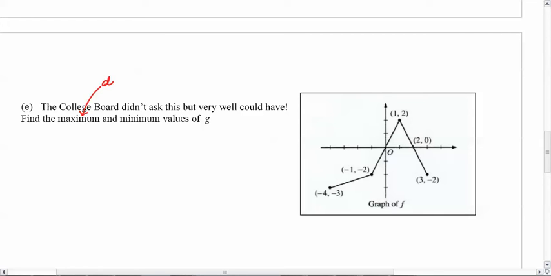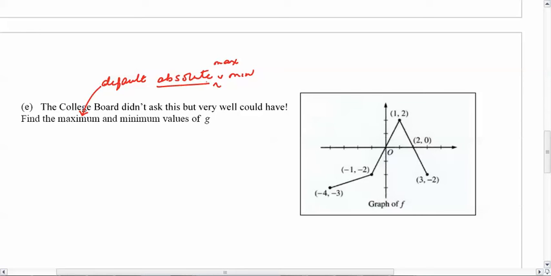When it says max and min, the default means absolute max and min. And when we're looking for absolute maxes and mins, it is really very useful to be able to use the EVT. So our question now becomes, can I use the EVT?